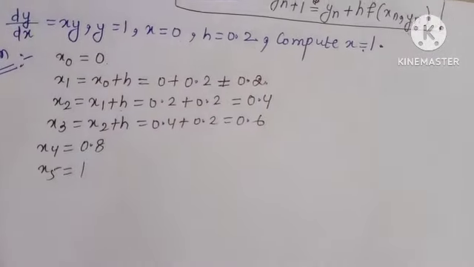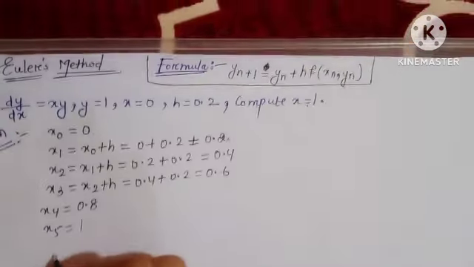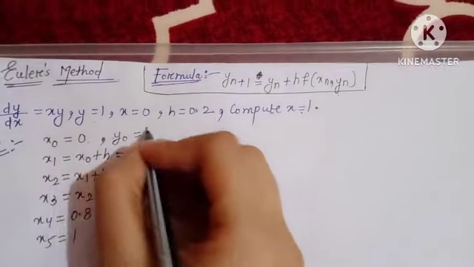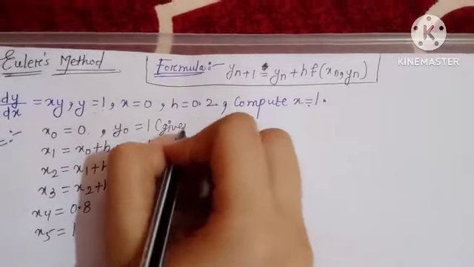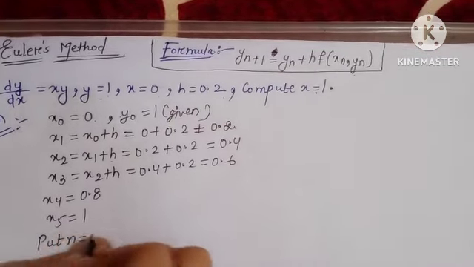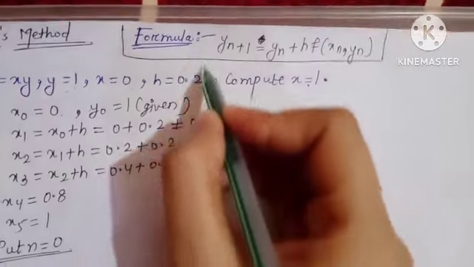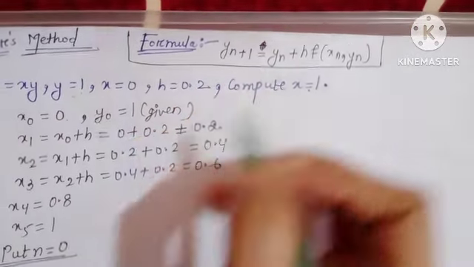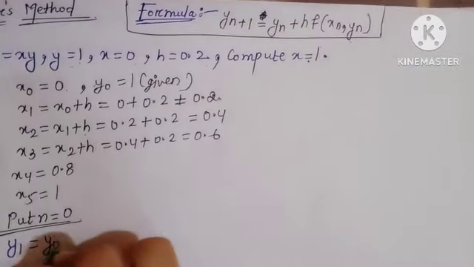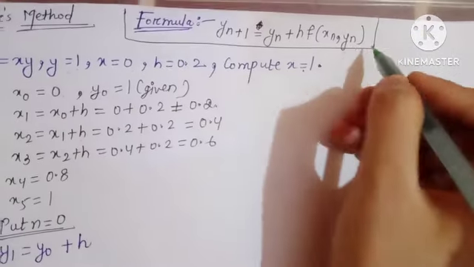Now we'll find the value of y with the help of this formula. So now we have y0 equal to 1 given in the question. Now put n equal to 0. So after putting n equal to 0, y_{0+1} means y1. y1 is equal to y0 plus h f(x0, y0).